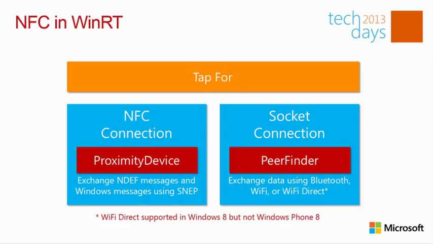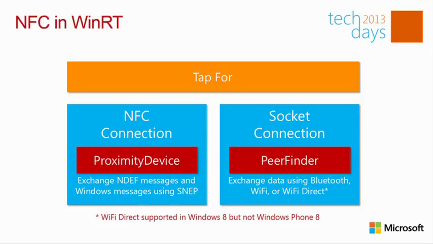Perhaps more importantly, the ProximityDevice class contains methods for sending NDEF messages and for consuming NDEF messages from other devices, be it powered devices like a tablet or from a smart tag. So ProximityDevice is the core of the WinRT NFC API. It is the starting point, and it's the first thing I'm going to use this morning to allow two devices to talk to each other and swap data back and forth.